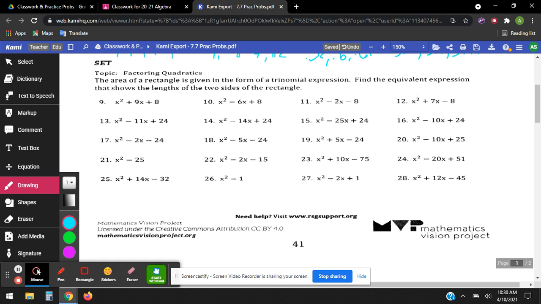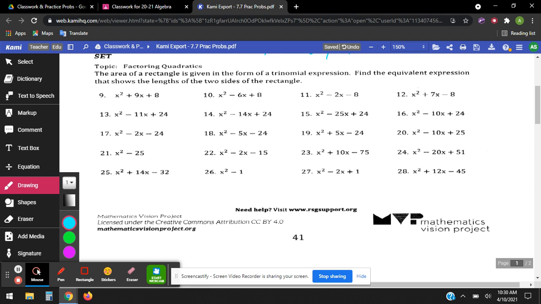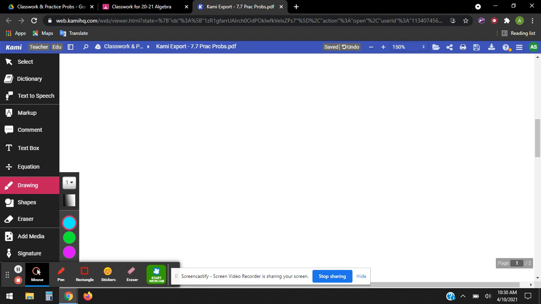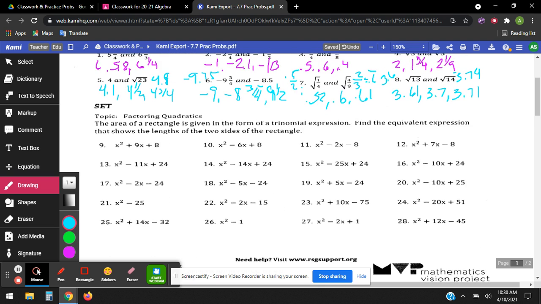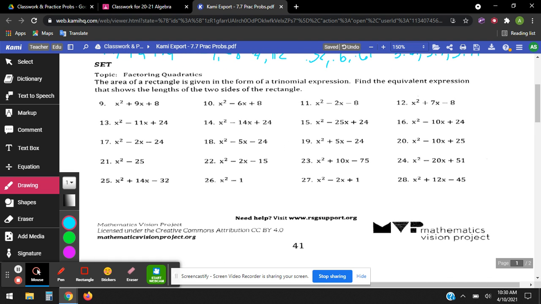Here we have our factoring. So here we're practicing what we really worked on with this lesson. So remember the C, let's scroll down, there we go. So C equals our H squared, and B equals our two factors added or subtracted, right?